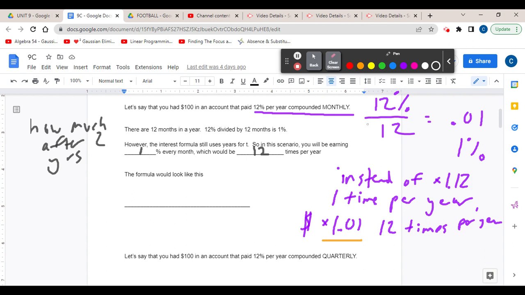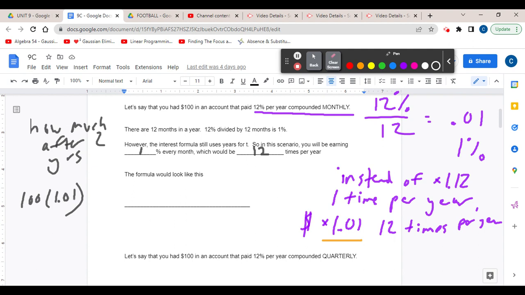I'm going to have my $100. Now I'm not multiplying it by 1.12, I'm multiplying it by 1.01, because I'm getting 1% every month. Instead of 12% at the end of the year just once, I'm going to get 1% every month.